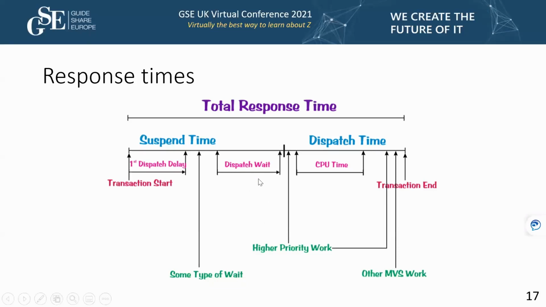And then the next thing that happens is even when you're ready to run, you might be in a position where you have this dispatch wait, where you're waiting for your turn again. So you could have that first dispatch delay. You can get additional dispatch delays depending on how often you're suspended. And the rest of the time is usually CPU time, but there could be some other MVS delays that go on behind the scenes.